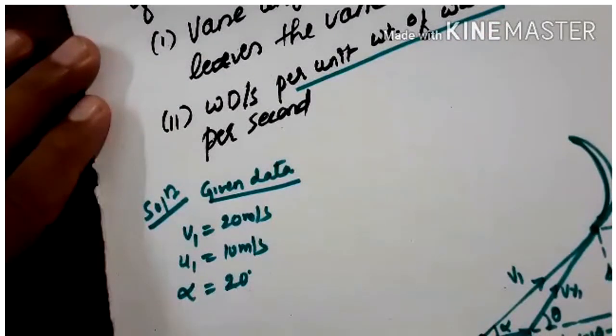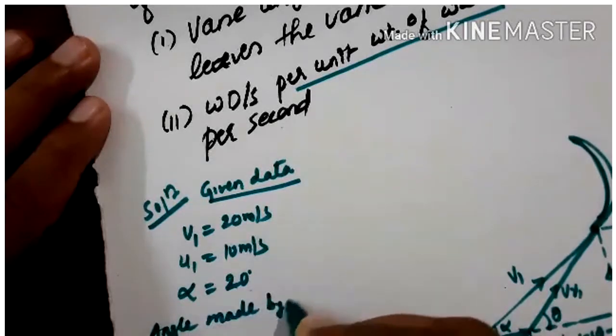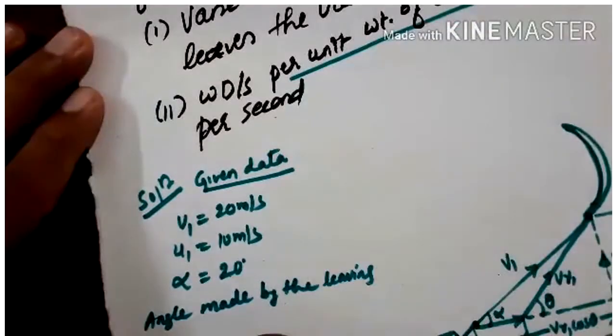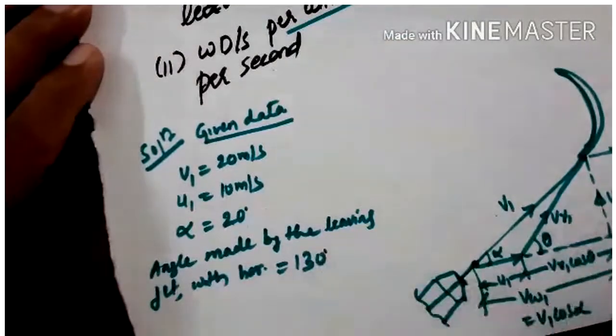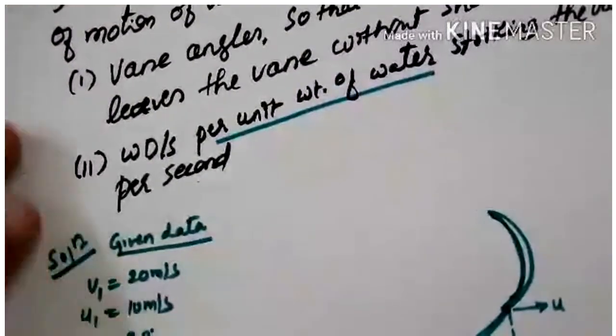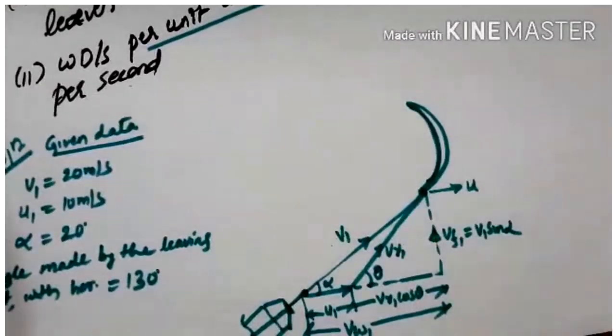Also the angle made by the leaving jet with the direction of motion of the vane is given as 130 degrees.